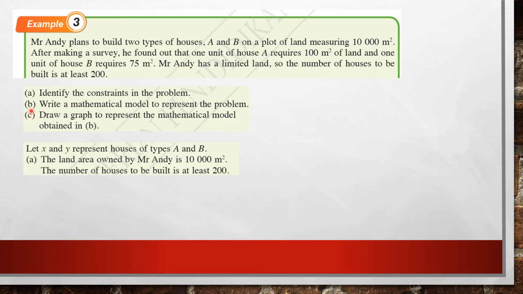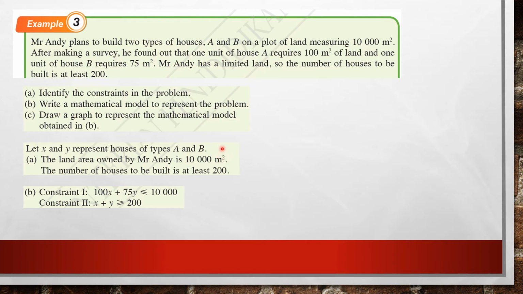So next we look at part B. Write a mathematical model to represent the problem. So we have two constraints. How do we represent them? The first one, the land area owned by Mr. Andy is 10,000 meters square. That means he is going to build his houses in this 10,000.